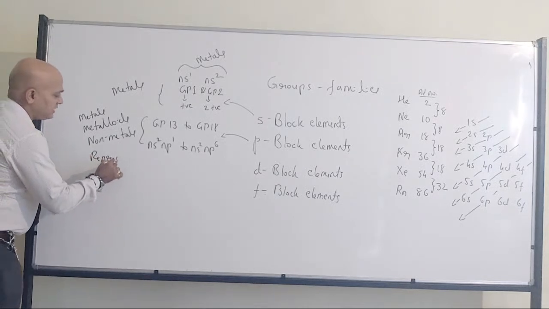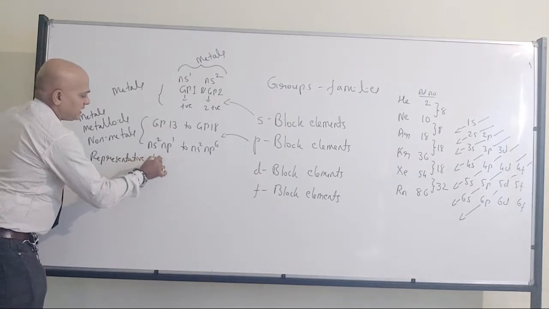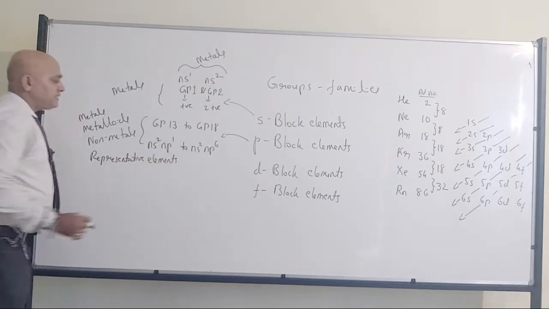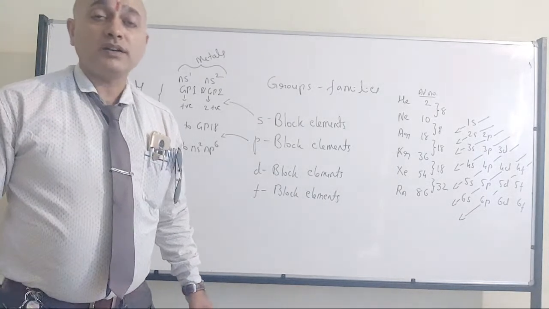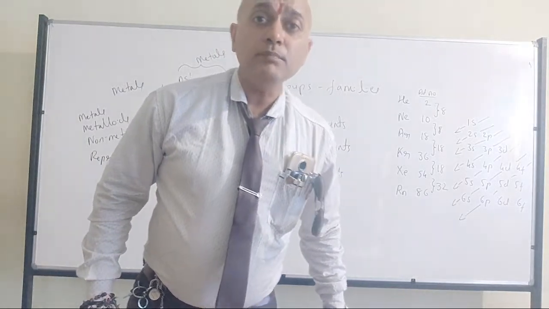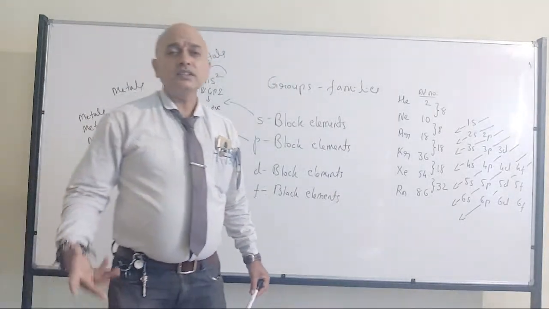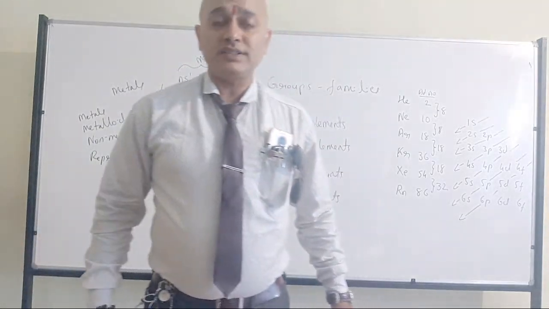That's where we have the representative elements. Right? Now, if I observe P block, silicon, germanium, polonium, they are all actually metalloids.